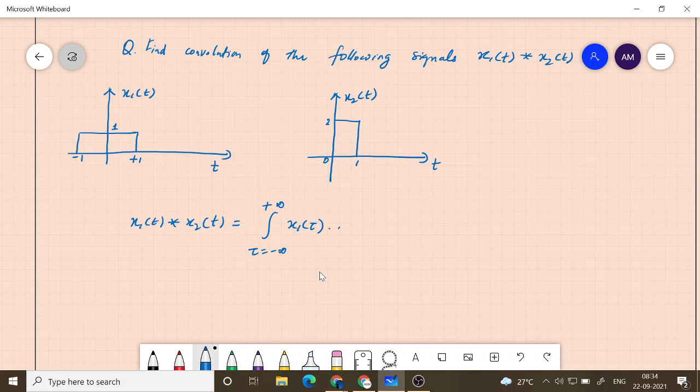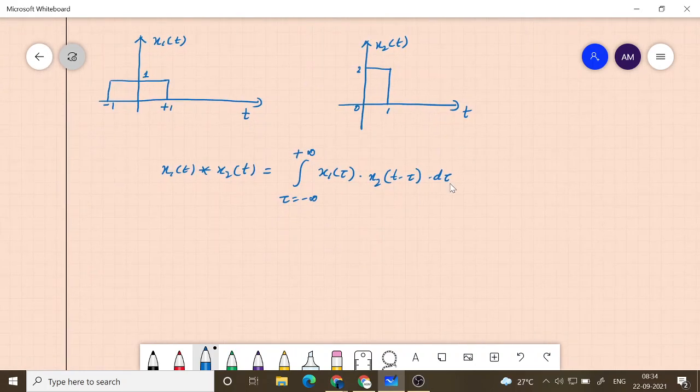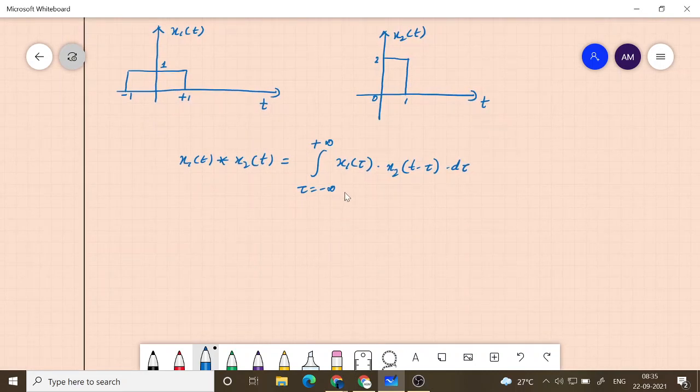Now x2 of t minus tau, you need to plot with respect to tau, because the integration variable is tau. So you need to plot both x1 of tau and x2 of t minus tau as a function of tau.